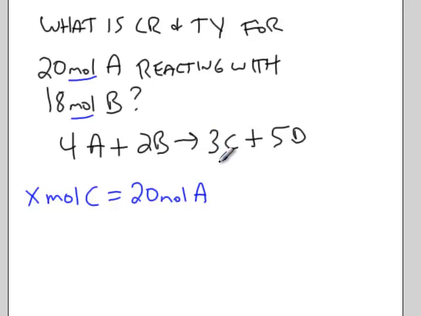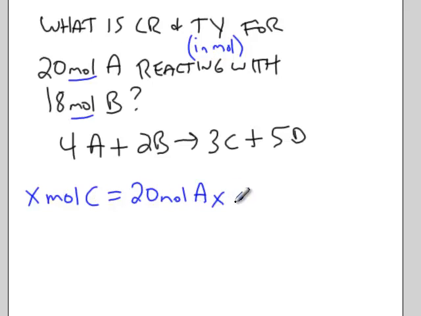In this case, I don't know what chemical C is from the periodic table, so I can't find its molar mass. So reading the question, what is the theoretical yield? This should say in units of moles. So it won't be unclear whether you want to find it in grams or in moles.